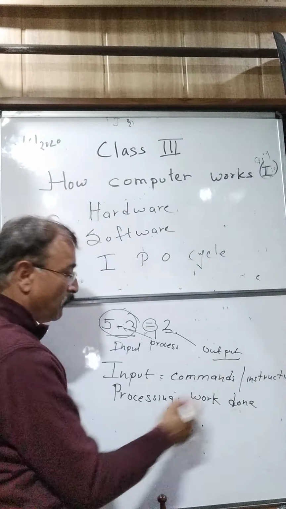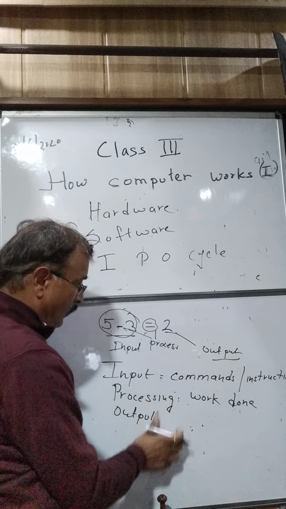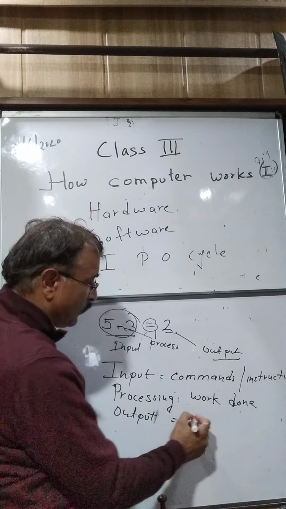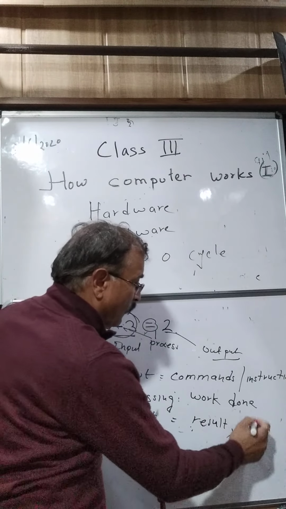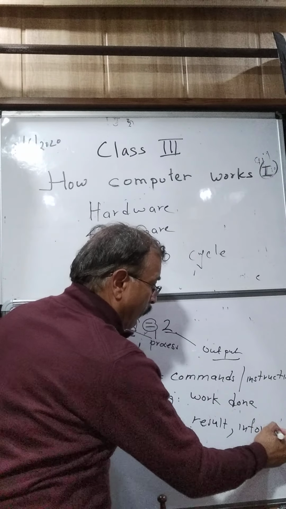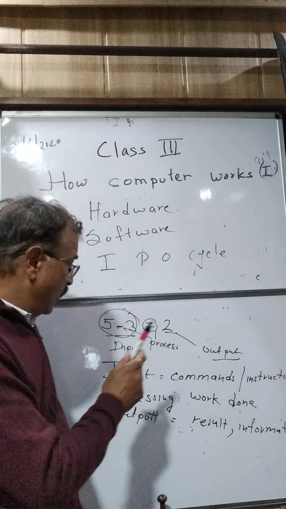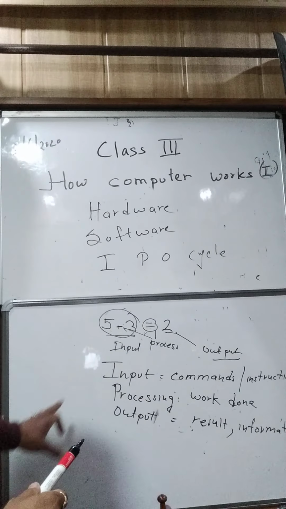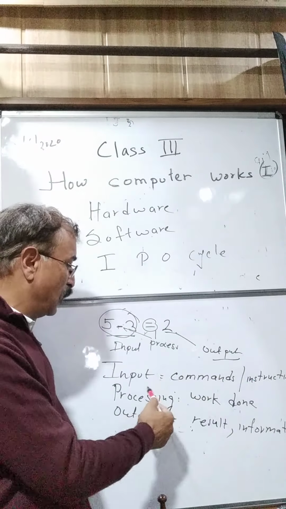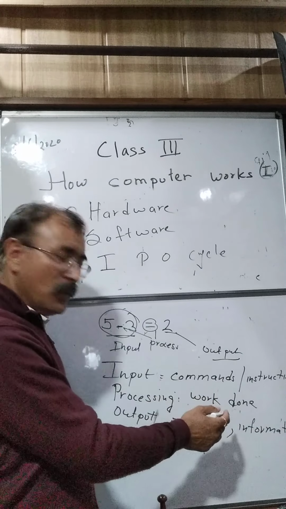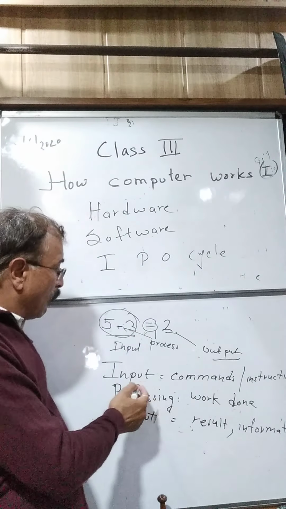Processing is the work done according to command, and output is the result, or you may say information. So it follows 3 steps: input, processing and output. Input, whatever the commands given by you, the user. Processing, the work done by the CPU, central processing unit, the brain of the computer, that you know. And output, the result. Now how do you give this input?